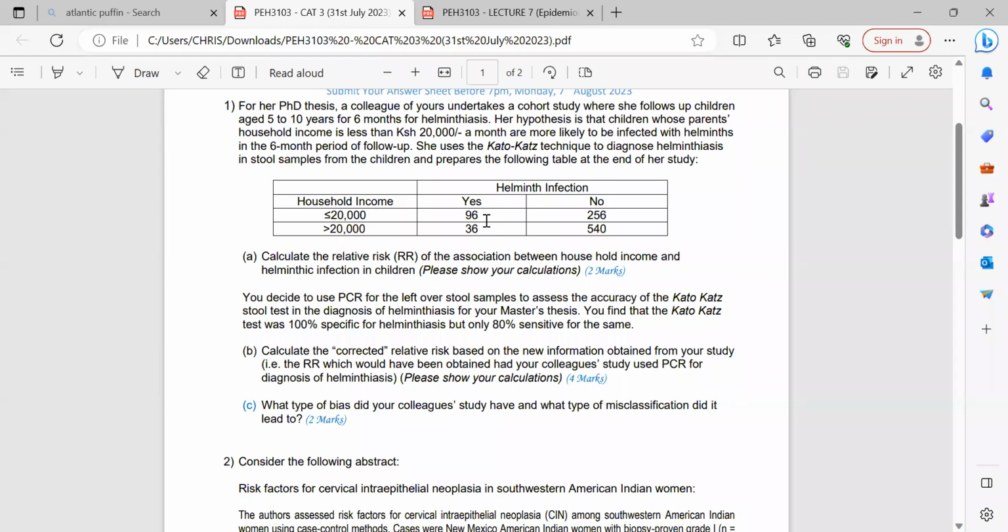So 80% of 96, tukapata ni 77, meaning there were 17 false positives. Then 80% of 36 tukapata 29, meaning there were 7 false positives. So should we add them on this other side, so that now we have 256 plus 17, 540 plus 7? So that now becomes our new 2x2 table.